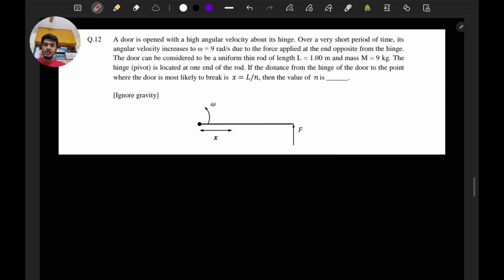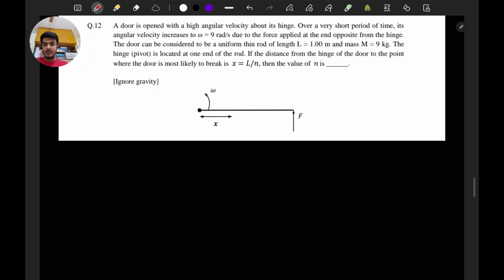Now this question, in the final answer given by IIT Kanpur, has been dropped. The reason is that it uses something which you don't generally use in the rotational mechanics you read in class 11th.